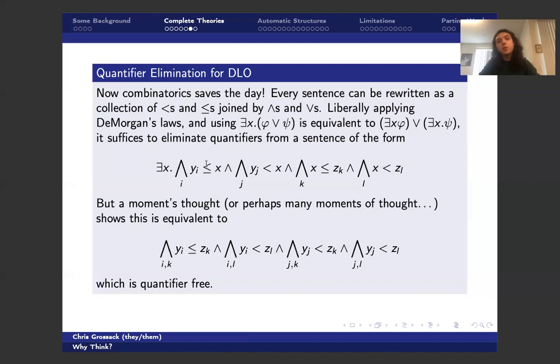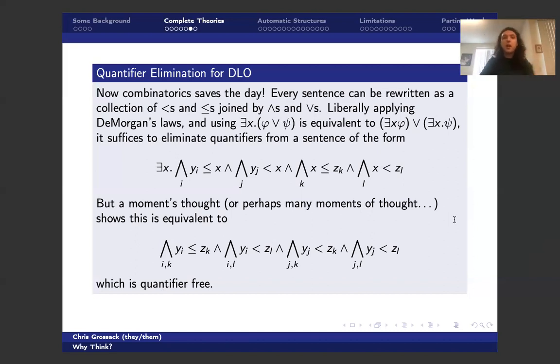Well, that happens exactly when each y_i is less than each z_l. Okay, and then you can also check for the strict inequalities, this has to be a strict inequality, and so on. Yeah, and this is a quantifier-free sentence, so we can eliminate quantifiers from formulas of this form, but then by liberally applying De Morgan's laws, we show that we can eliminate quantifiers from everything.